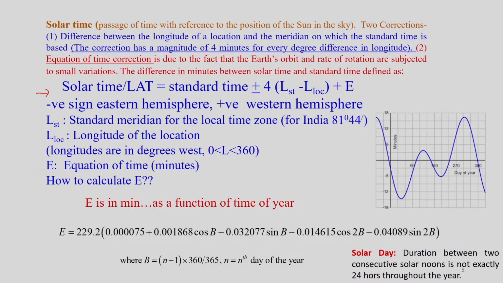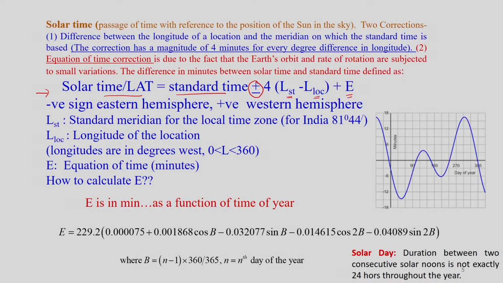So, this solar time or local apparent time is equal to standard time plus or minus 4 into (LST minus LOC), where LST is for the standard meridian and LOC is for the longitude of the location, plus this equation of time correction. So, when to use the plus sign and when to use the minus sign?